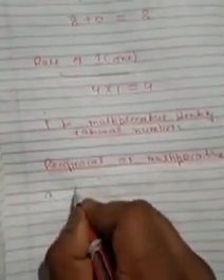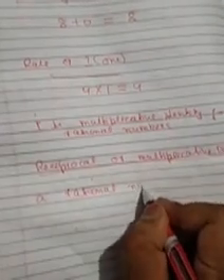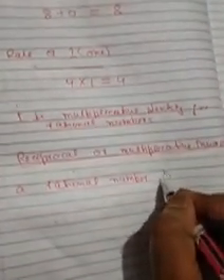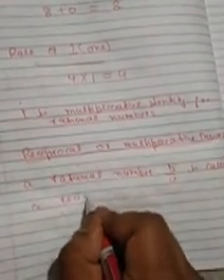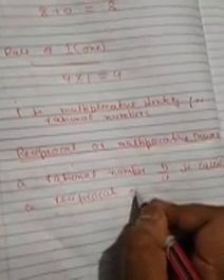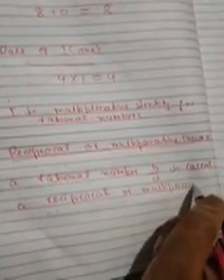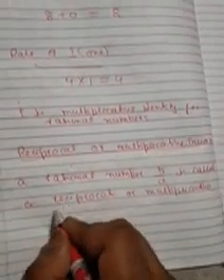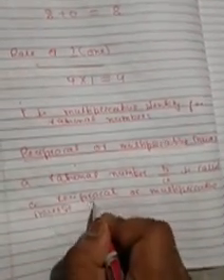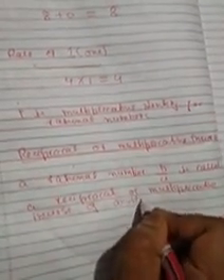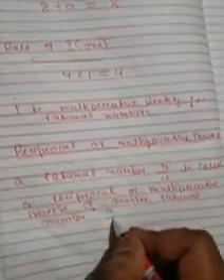We can say the rational number b/a is called the reciprocal or multiplicative inverse of another rational number a/b.